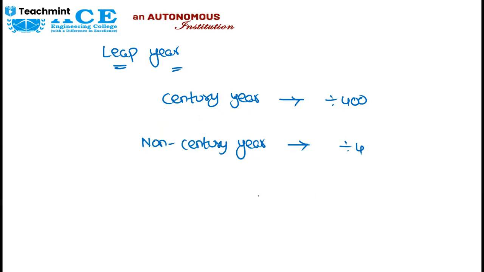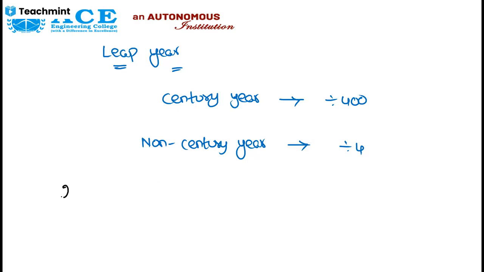A lot of people have a wrong perception, like, sir, if any year is divisible by 4, it's a leap year. No, it's not correct. Century years should be divisible by 400. Non-century years should be divisible by 4. I'll give a few years now. Let's decide whether each is a leap year or not.